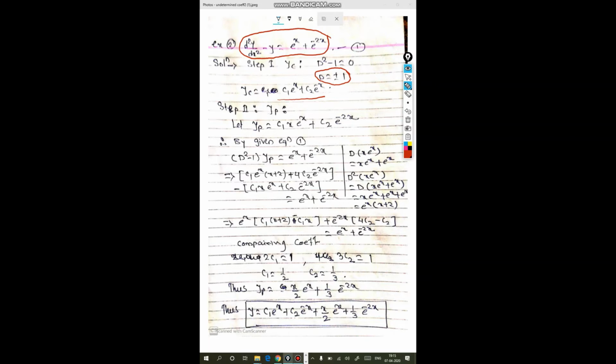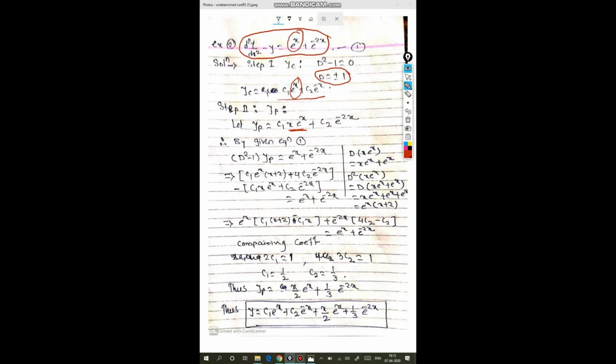Now here, the important part that we have to observe is if one of the functions appears both in yc as well as in the RHS of the given differential equation. In such a case, to write yp, you have to multiply by x. You can observe e raised to x is present in yc as well as in the RHS of the differential equation.